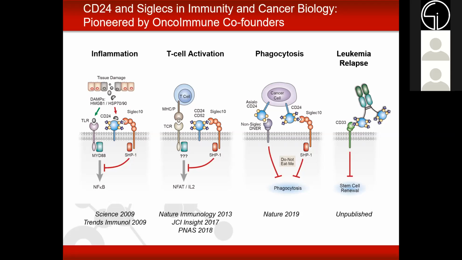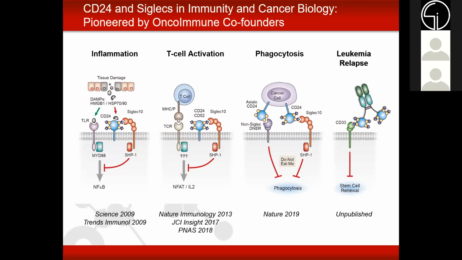When cells die, a lot of the content inside the cell is released to the outside, and lymphocytes can recognize these signals, and these molecules can also trigger an immune response. The CD24-Siglec is an important innate immunity checkpoint to control the host response to these danger-associated molecular patterns. This pathway also has many other functions, like T cell activation, phagocytosis, and leukemia relapse.